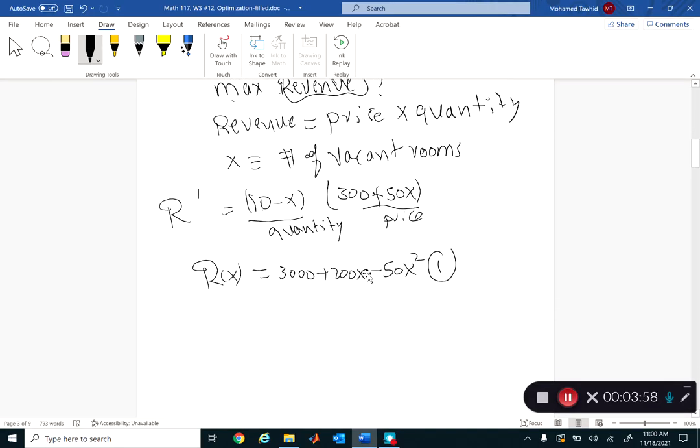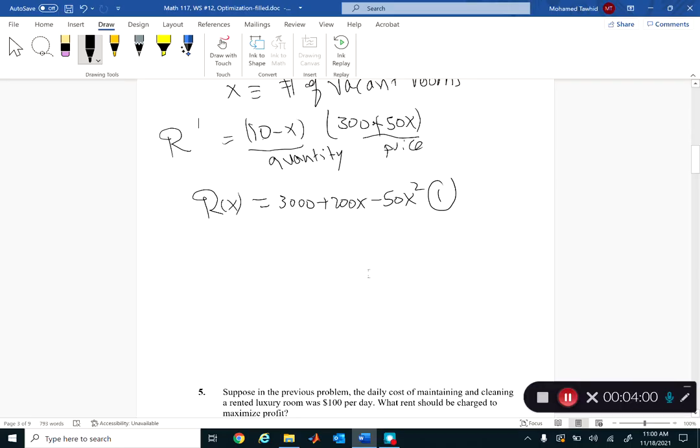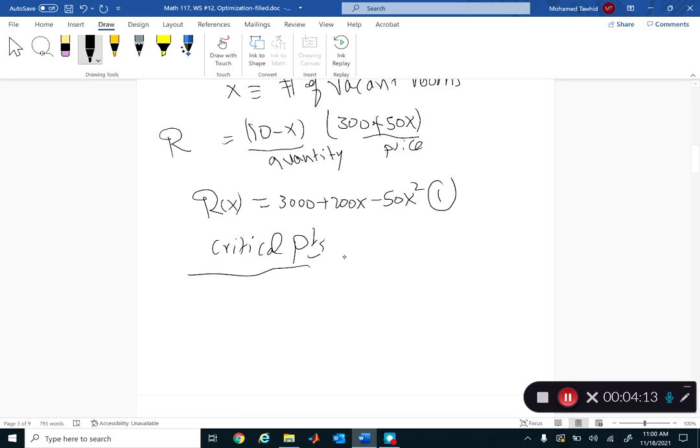Maximum means I have to get a stationary point, a critical point. Do we have a critical point? Do we have a singular point? I need to get the derivative. What is the derivative of 3000? 0.